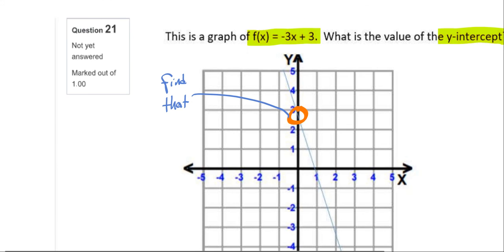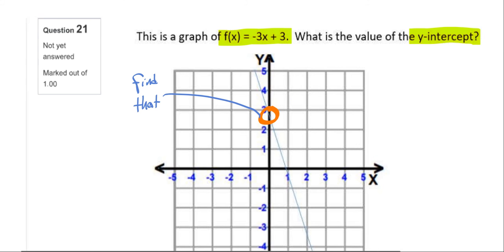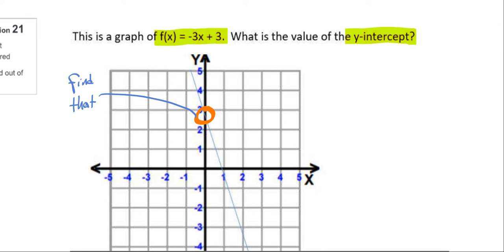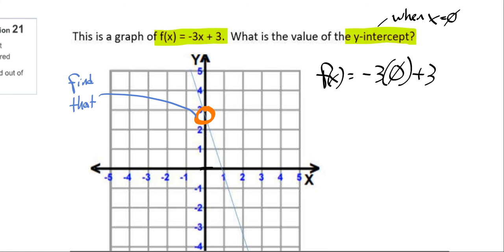Not so bad. And next, this is a graph of f of x equals negative 3x plus 3. Same graph as before, right? What's the value of the y-intercept? The y-intercept happens when x is equal to 0, which is right here. So f of x equals negative 3 times 0 plus 3.